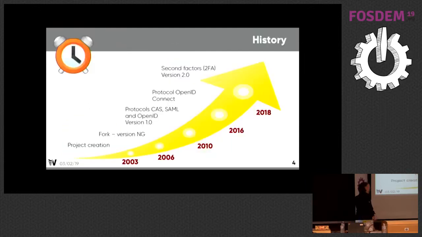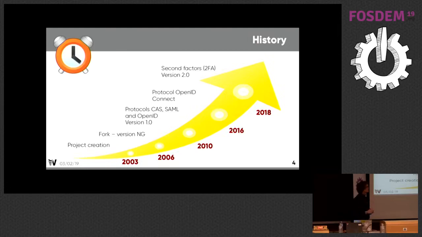Some history: it's a very old software. It was built in France. It's now used in other countries, of course. The fork was done with the NG version, which is new generation, but which is also Gendarmerie Nationale in France.